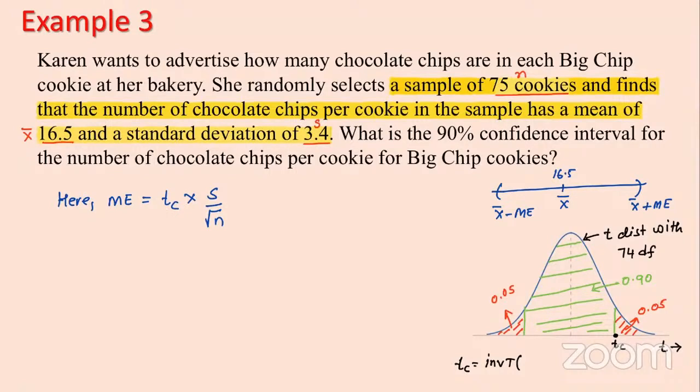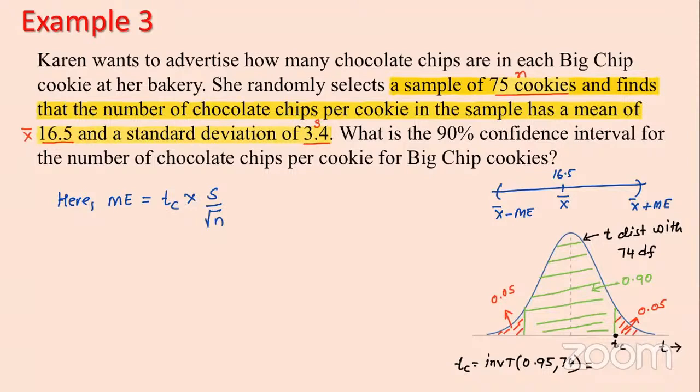Everybody look at the board. Here is T critical. So the area on the left is 90% plus 5%. That is 95%, right? 95% area is on the left. So 0.95. And we don't need mean and standard deviation here. Instead, we use the degrees of freedom, which is 74, right? 74.